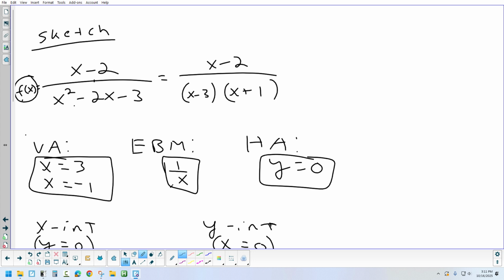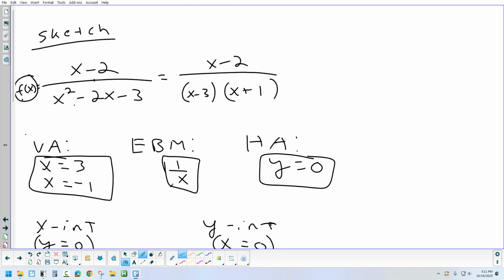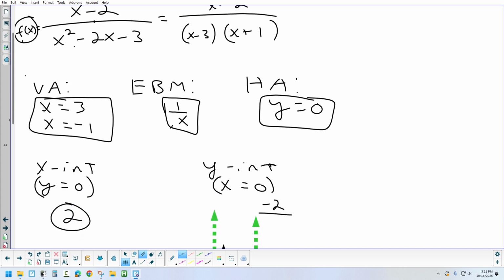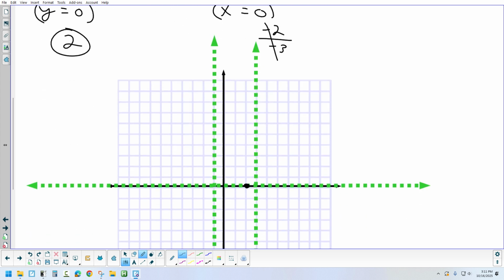If you plug in 0 for x, you get negative 2. So we get negative 2 over, and what if you plug 0 into the bottom? What do you get? Negative 3. So your y-intercept is 2/3.